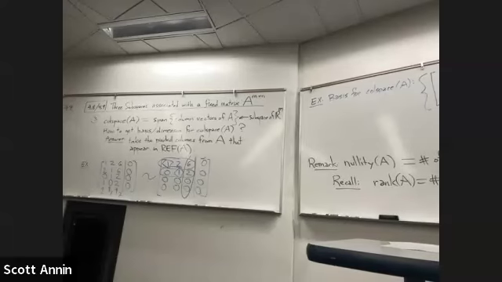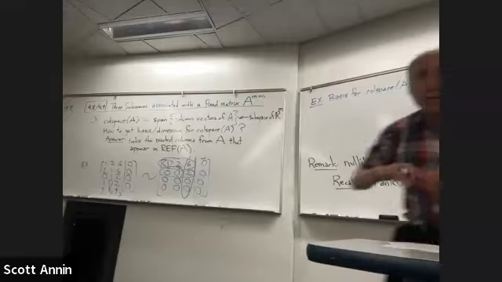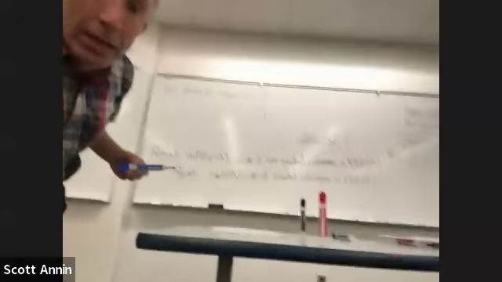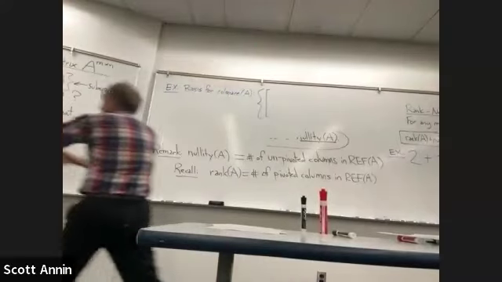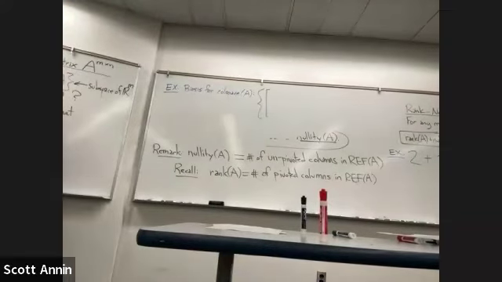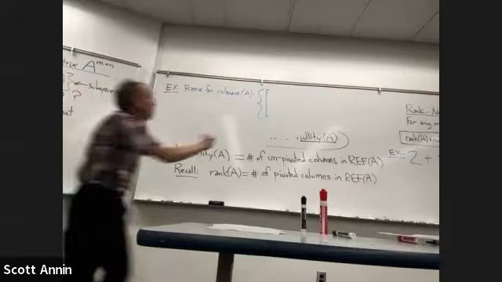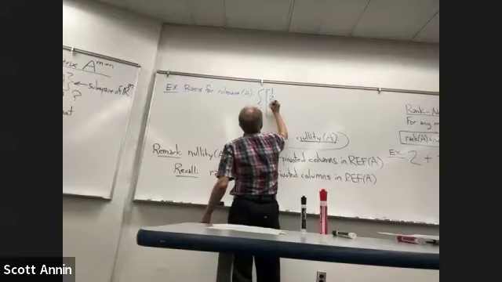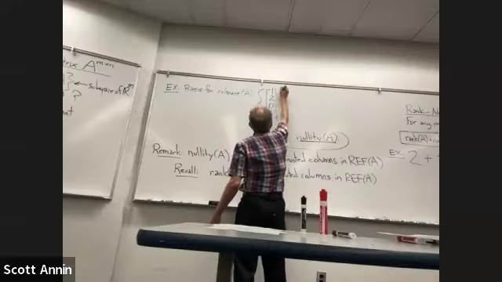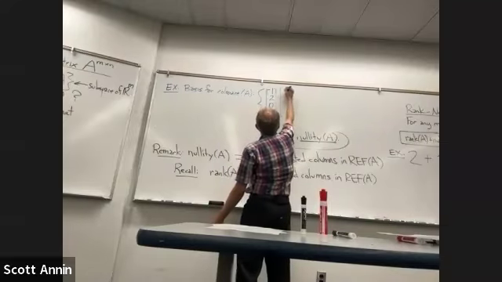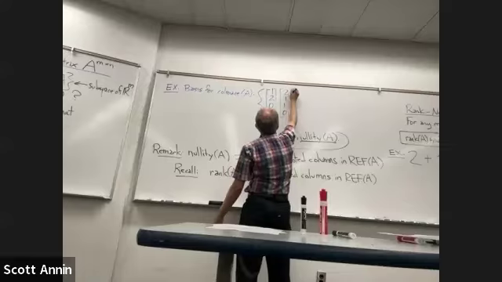Now, if I'm talking about columns, I'm going to try to write them so they look like columns, up and down. So the first two columns here are pivoted. So I go back to here and I grab the first two columns: 1, 2, 0, 1, and the second one is 2, 1, 1, 0.